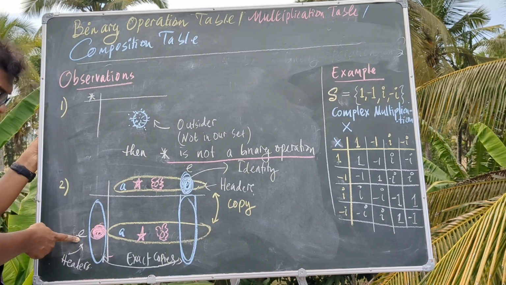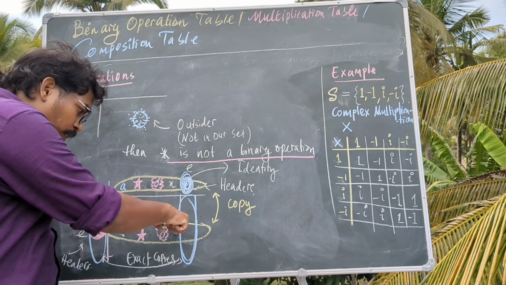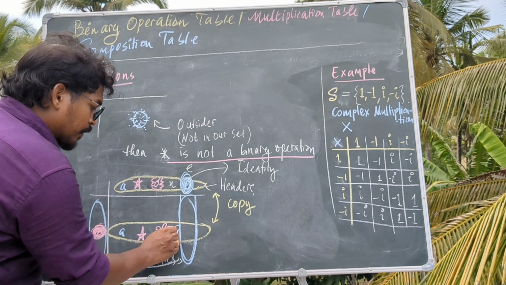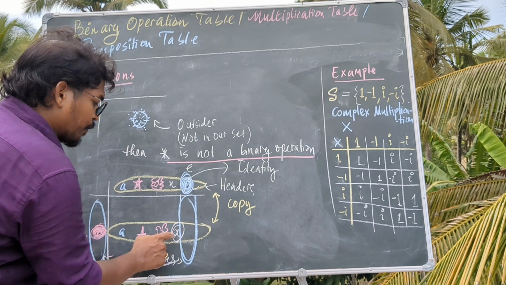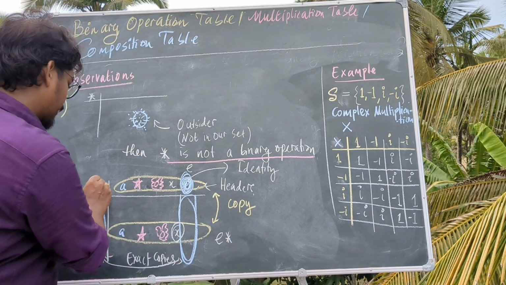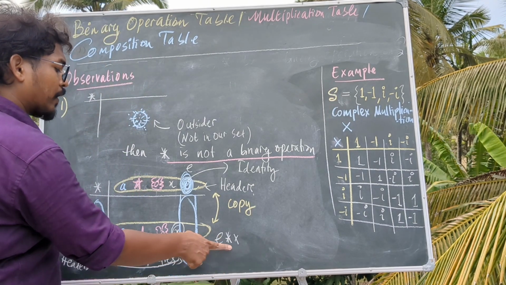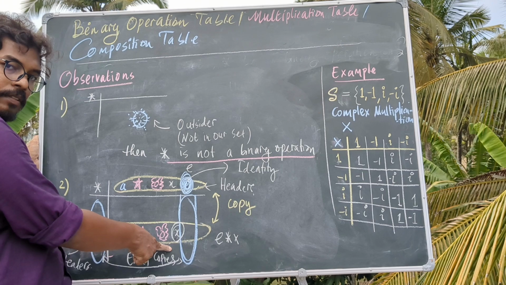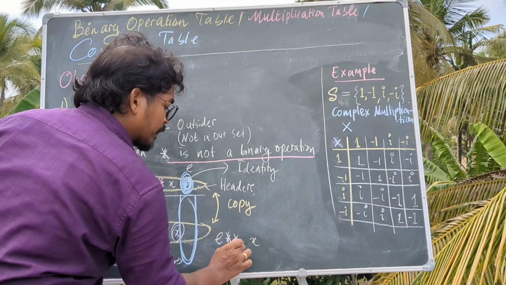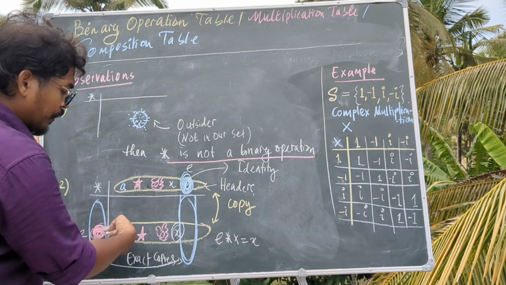Here we have E, and suppose this one is X. So in this column, here we have X, and by the operation table, this element is actually E star X, and we have E star X is the same as X. So on the left side this is a possible candidate for identity, and it happens for every element.